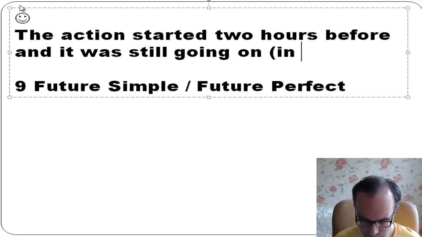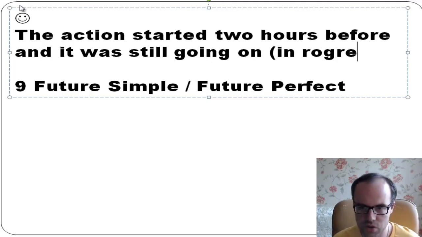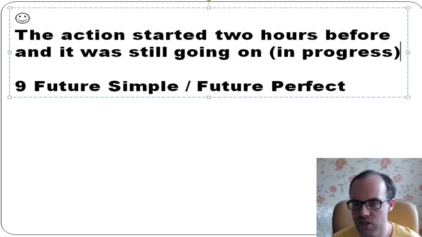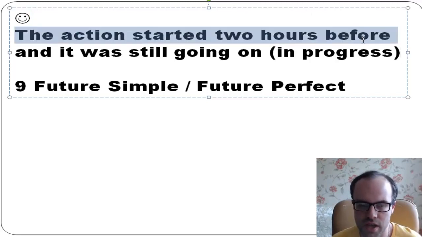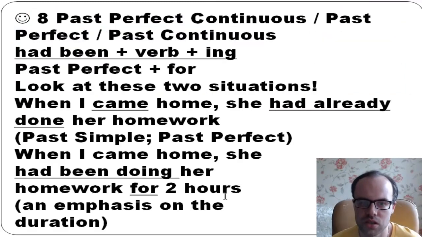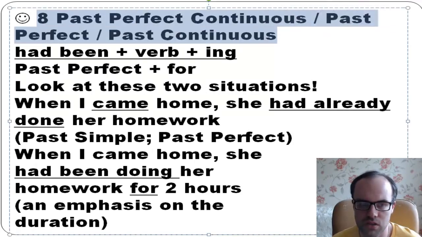Okay, it was still in progress. So the action started 2 hours before, and it was still in progress. So it's a very important thing, and we use it in this context. You see, past perfect continuous.